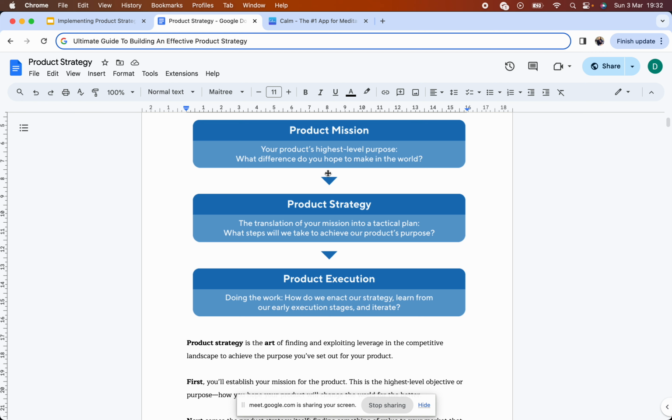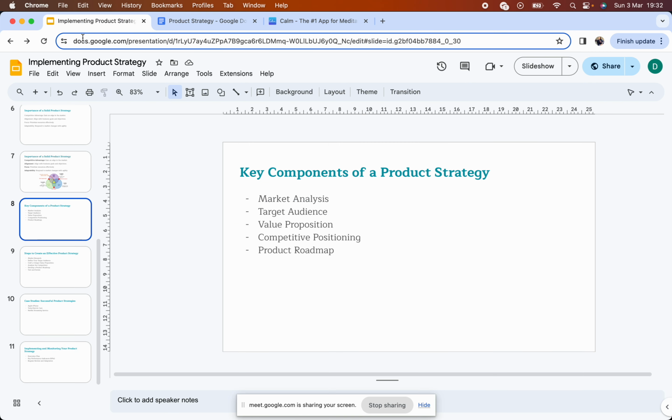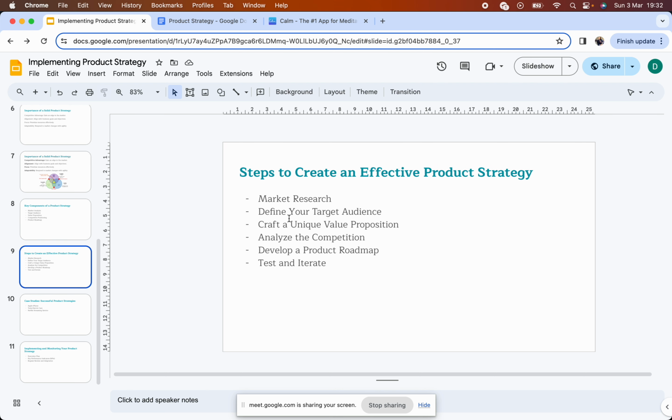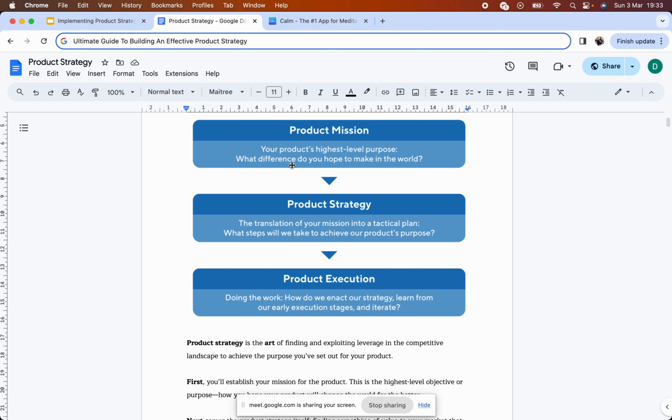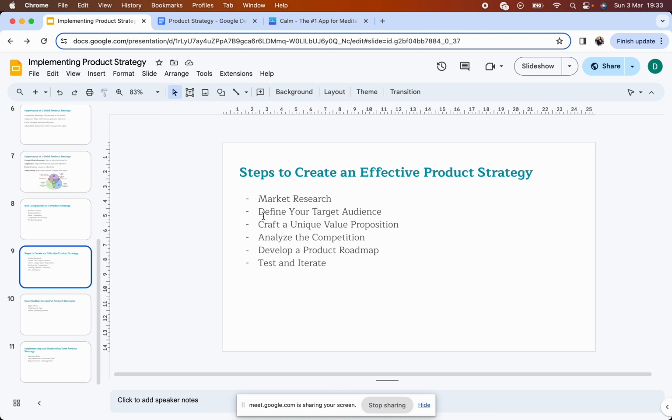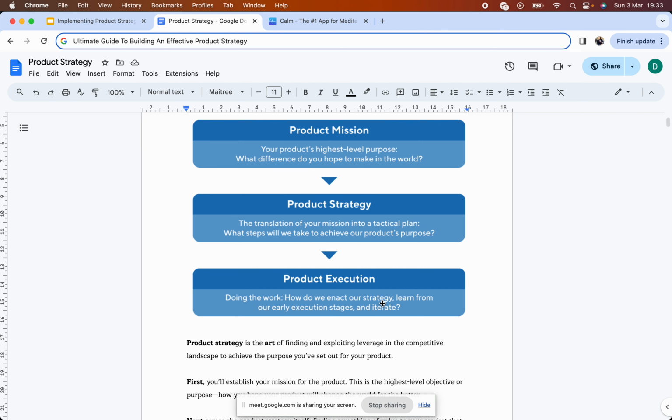You use that product mission to go through and understand these steps. If you know what the product mission is, that gives you a solid understanding, and when you're carrying out these steps, you're in a better position to do so. You're not out of line in creating a strategy that doesn't fit with the product mission. So there should be alignment, hence why we have this arrow here going downwards to show you the alignment.